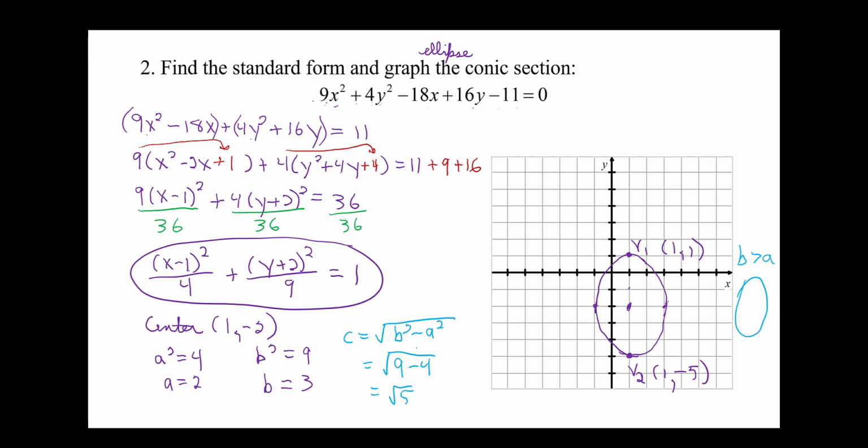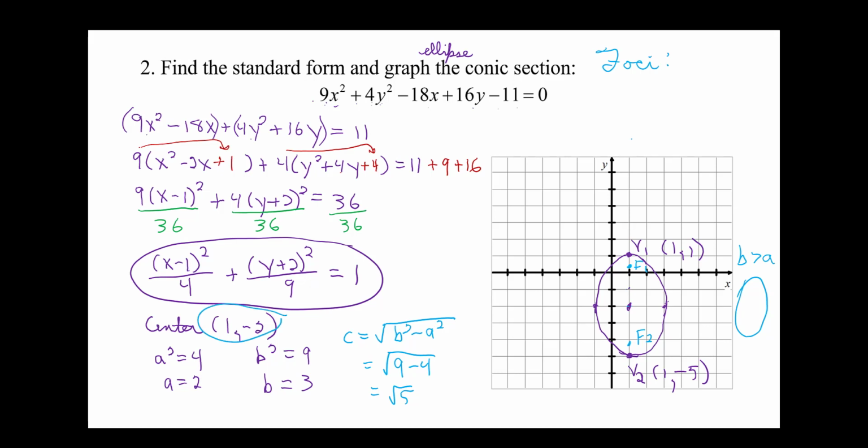So if on an exam you're asked to find the foci, we would go from the center up a distance of square root 5. It'd be a little more than 2. This would be focus 1. And then we would go down from the center a distance of square root 5 to give us focus 2. So our foci are, the center is at (1, negative 2).